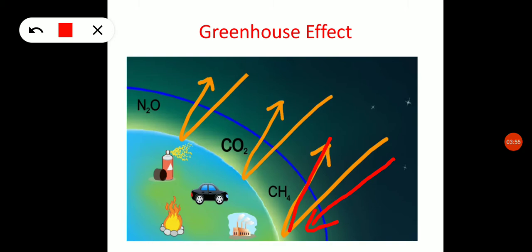The trapped heat warms the greenhouse. The trapping of radiation by the earth's atmosphere is similar, hence it is called the greenhouse effect. Without this process, life would not be possible on earth. But anything in excess will threaten life.